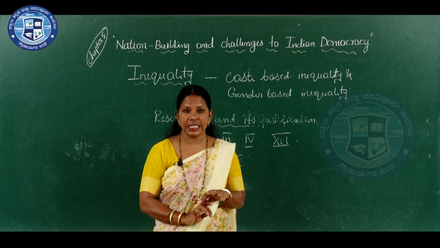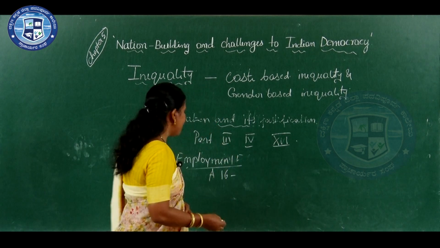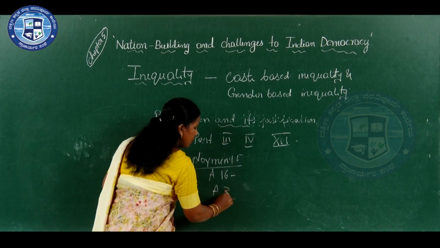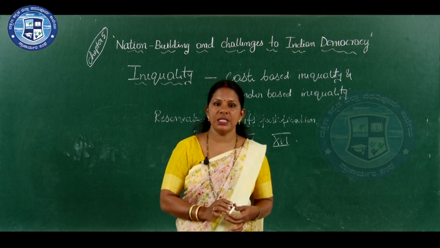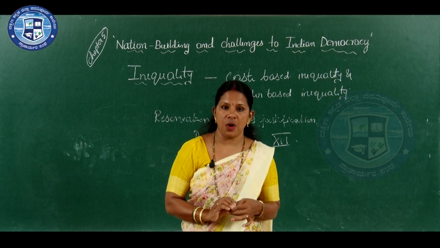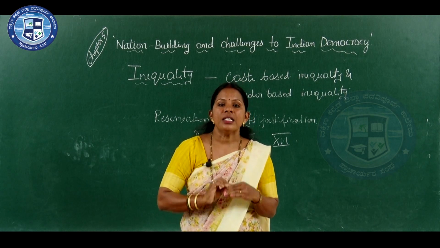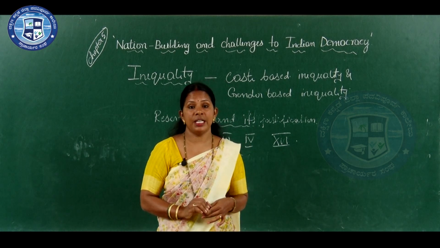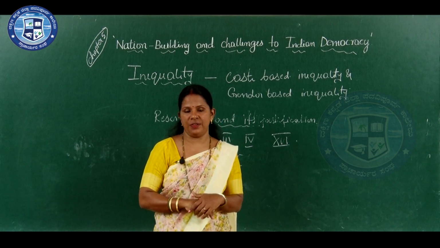Article 335 of the Indian Constitution claims the reservation of seats for scheduled castes and scheduled tribes in the public services, that is, both in the central services and also in the state services.